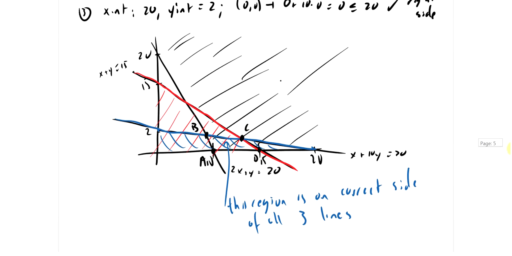Okay, so let's draw this picture a little bit tidier now. Put an x-axis and a y-axis. And again, we had 20 and 10 as my y-intercept and x-intercept of the line 2x plus y equals 20.